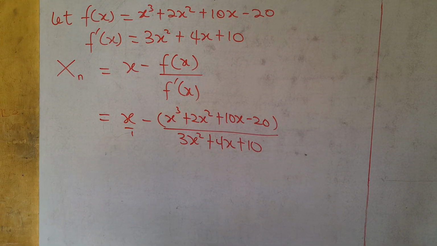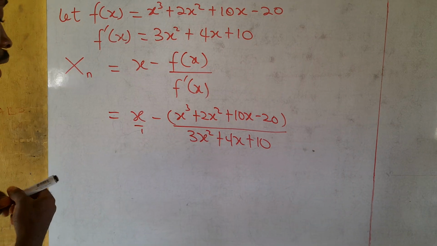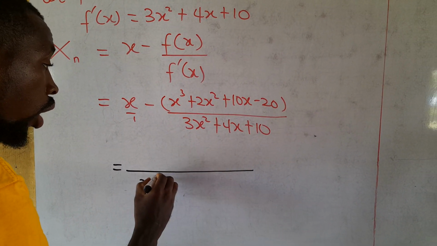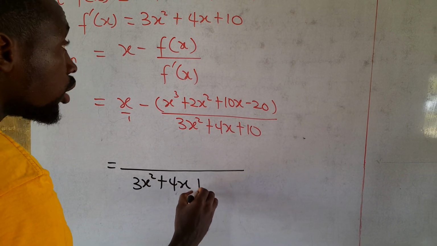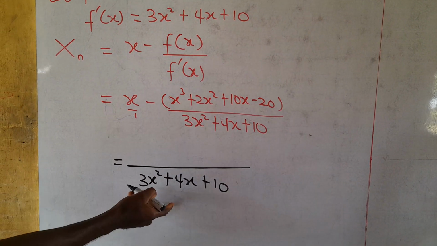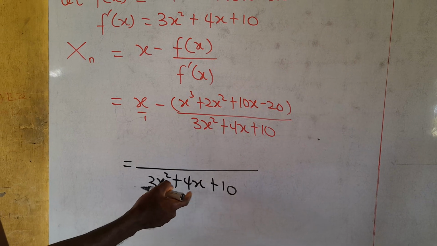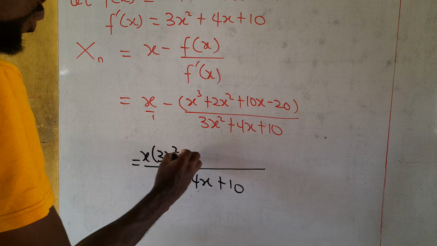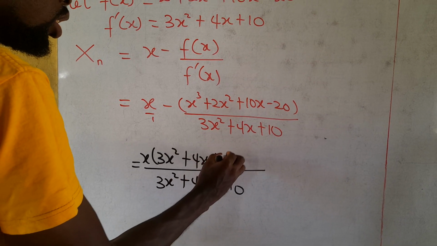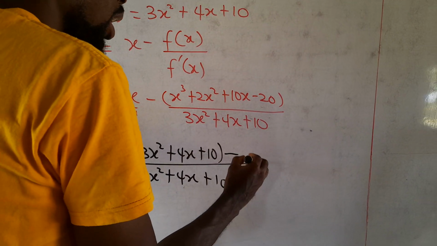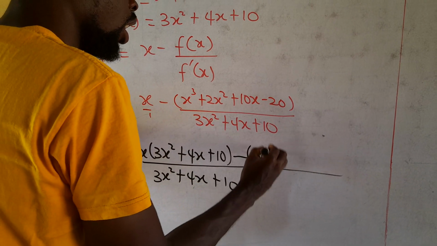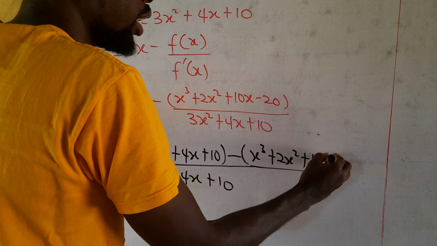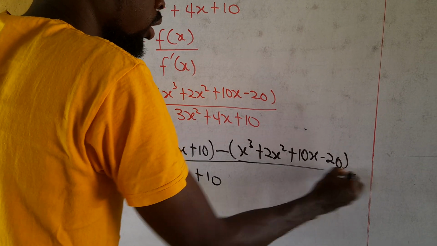Remember, this x is over 1, so our LCM is 3x squared plus 4x plus 10. If this goes here, 1 divided by this will be this, and this will multiply that. So we have x bracket 3x squared plus 4x plus 10 minus x cubed plus 2x squared plus 10x minus 20.